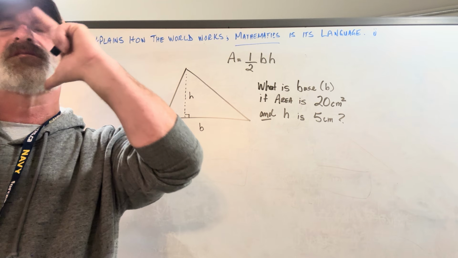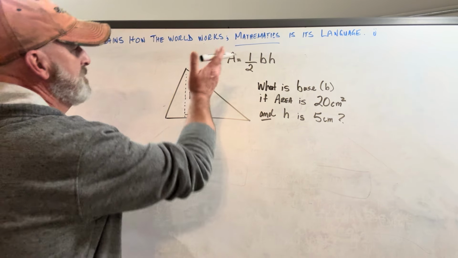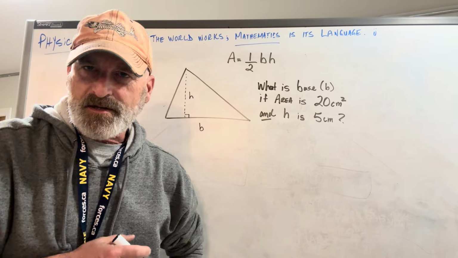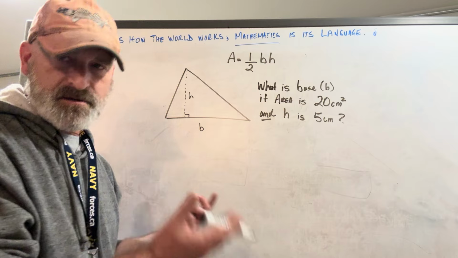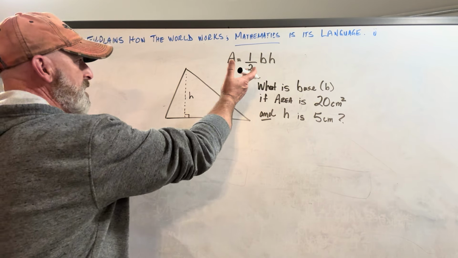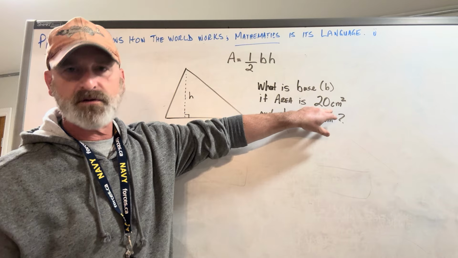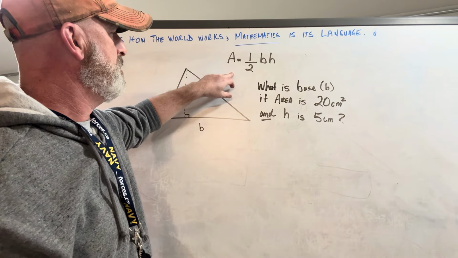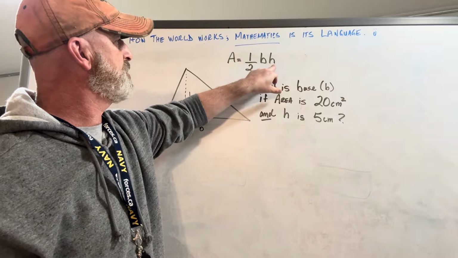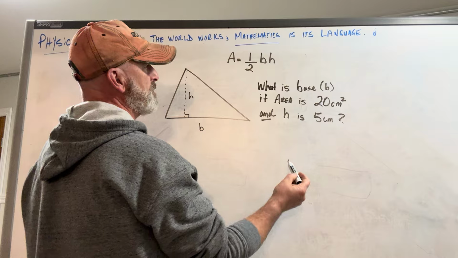OMG. Too many things going on. But wait a minute, it isn't. The area of a triangle is quite easy. It's 1/2 times the base times the height. That's it, in square units. We know that the area is right here in the question, 20 centimeters squared, and if h is 5 centimeters, well, geez, all we're missing is the b, which is what we're looking for.